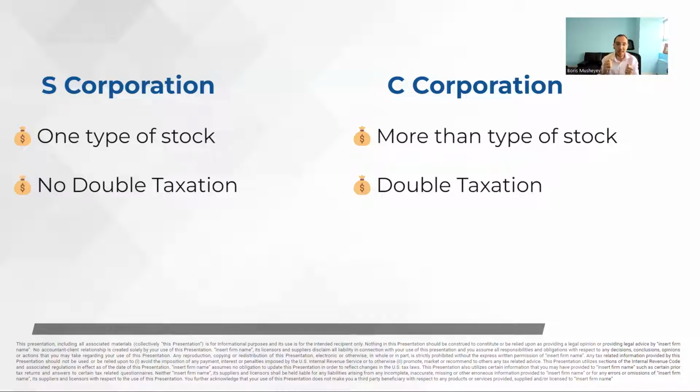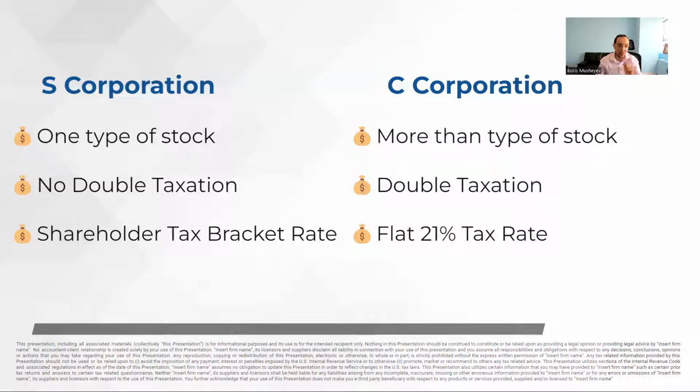So you pay taxes as a C corporation. It does not get passed down to you. And then when you take the money out of the C corporation, you end up paying this tax the second time. So you get taxed on business profits, and then you also get taxed on the dividends that you take out from the business. That is really one of the main reasons why small business owners choose not to be taxed as a C corporation. But hey, we're going to get right into it.